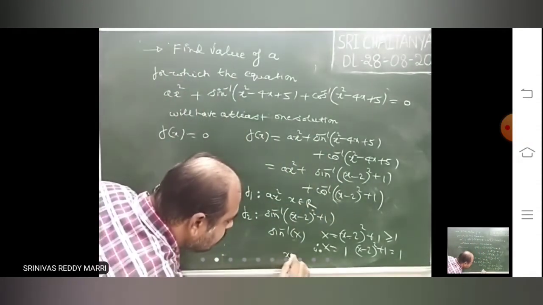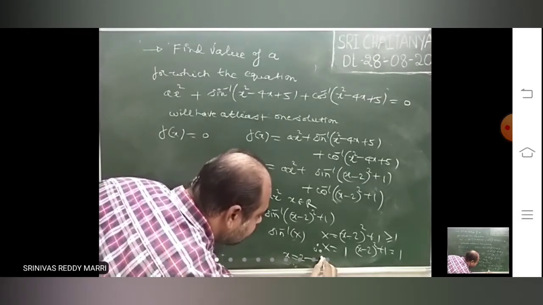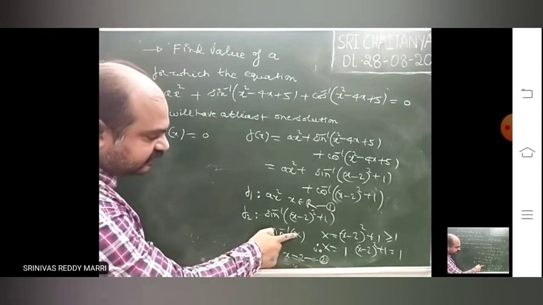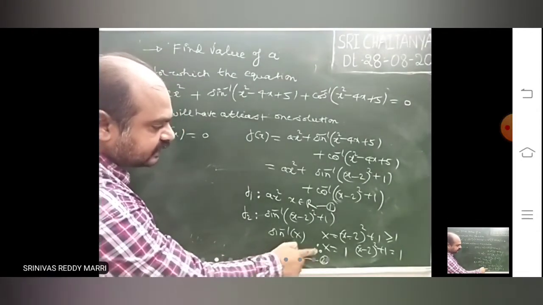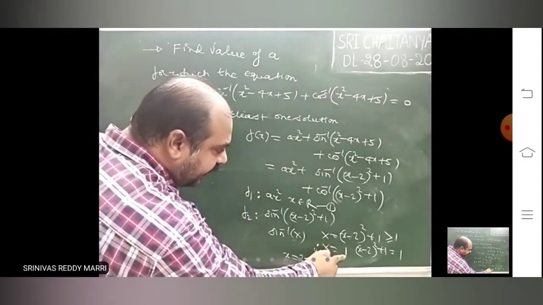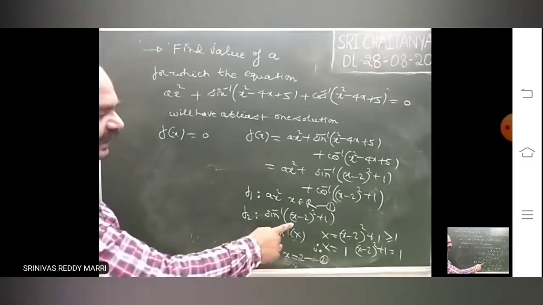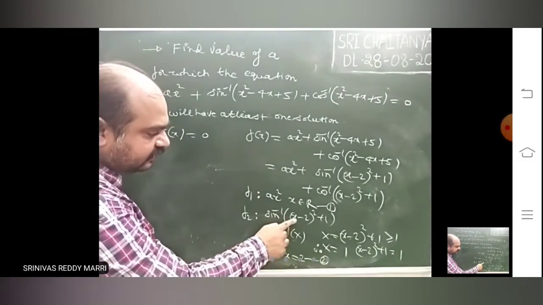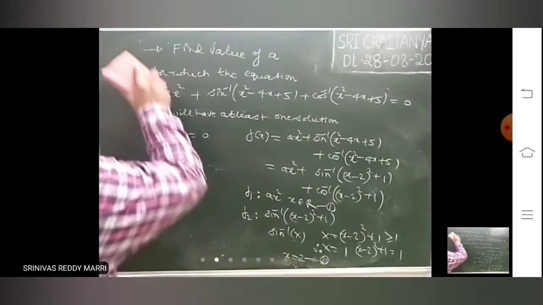That means x equal to 2. Only x equal to 2 is the domain of this function. If you substitute any value other than 2, say 3, you will get 1 plus 1, 2, and it will not be defined. Only 2.